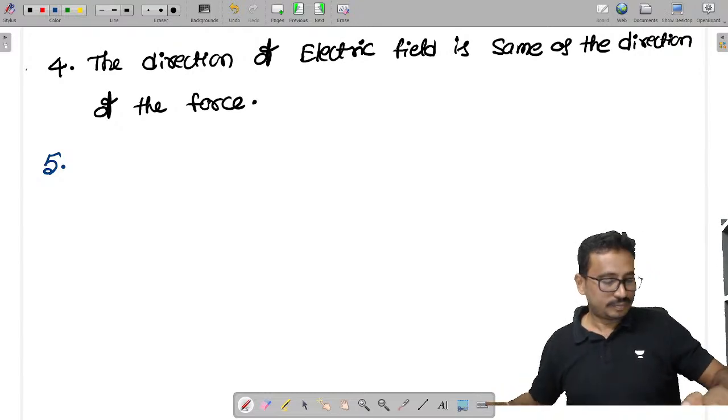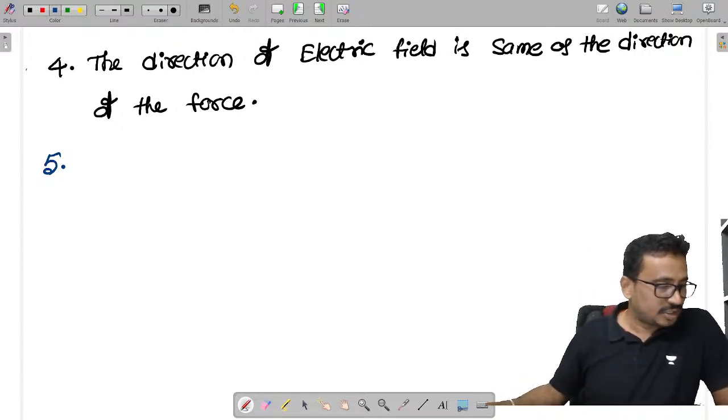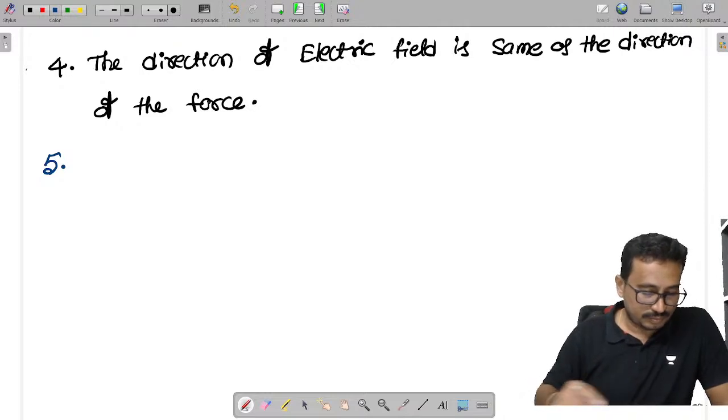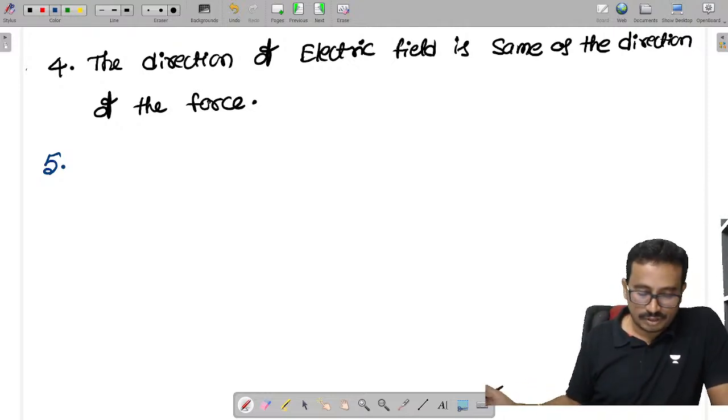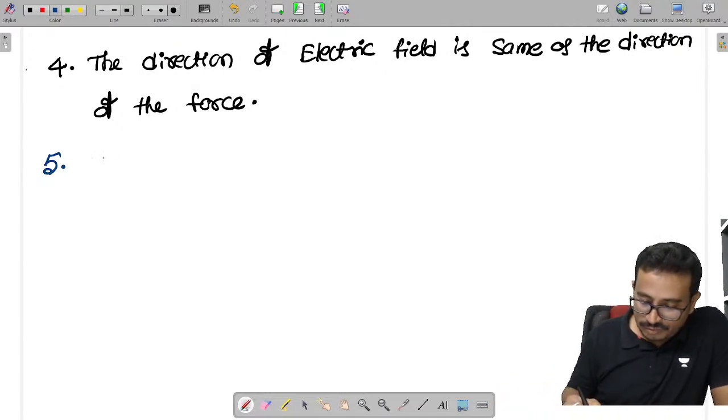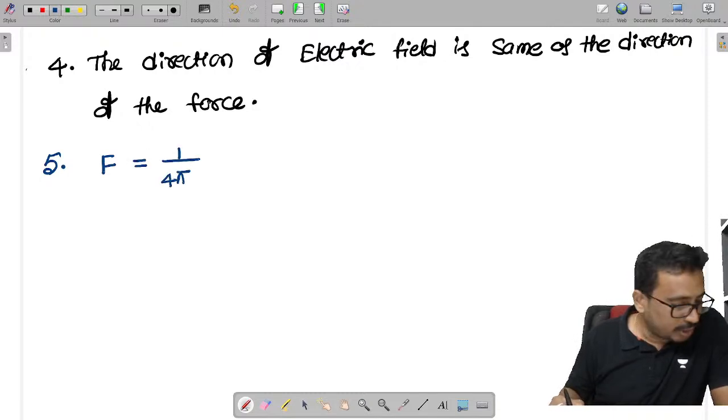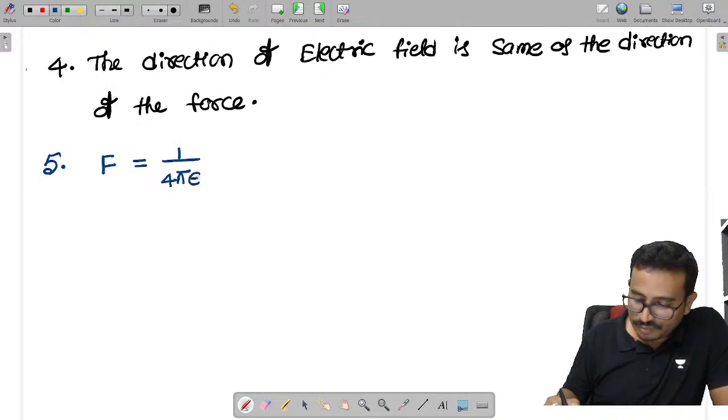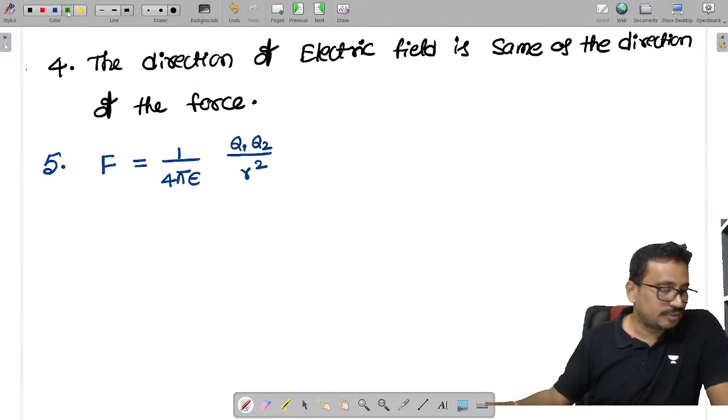Done? Chalo. Now, as we know the magnitude of the force between two charges is given in general as 1 by 4 pi epsilon q1 q2 by r square.